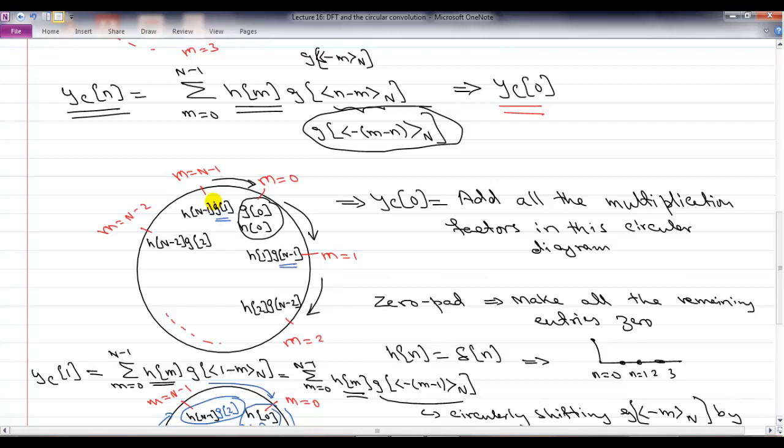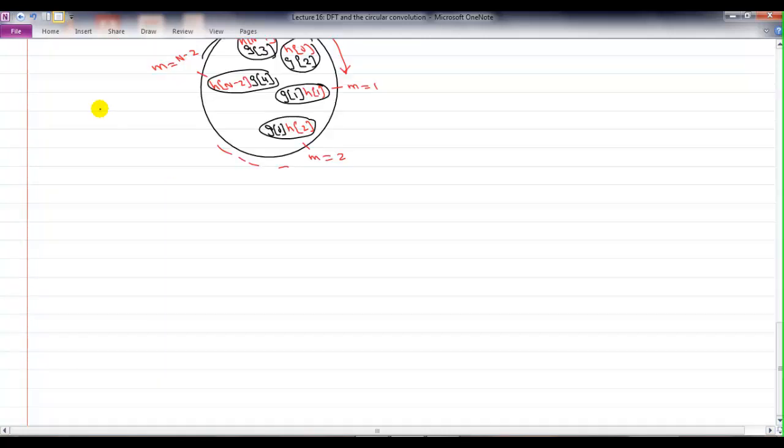So circular convolution is only defined for n equal to 0 up to n equal to capital N minus 1, and we repeat this process again and again till we are done with all the sequences.